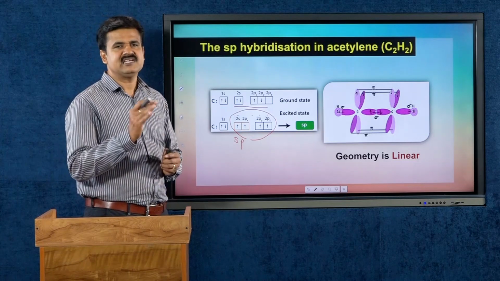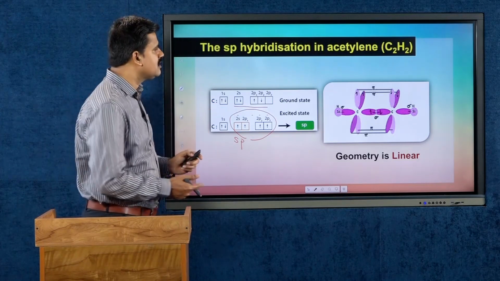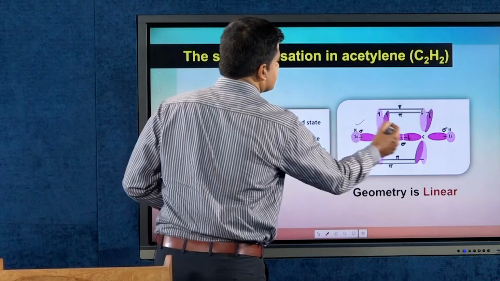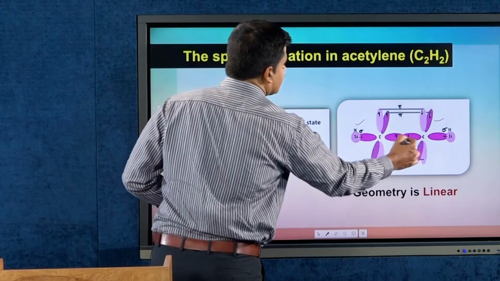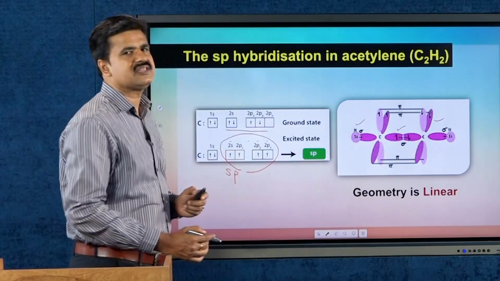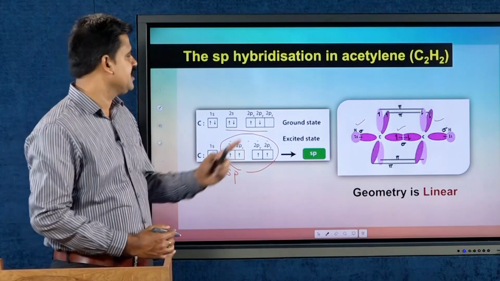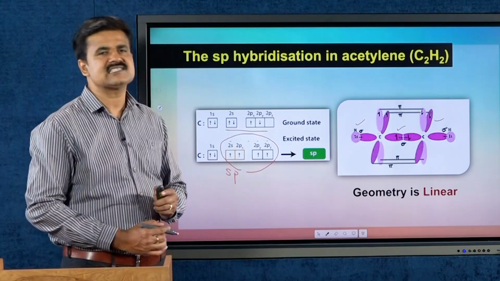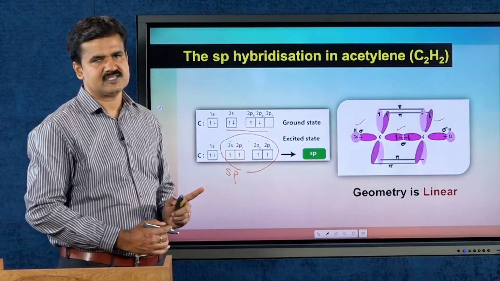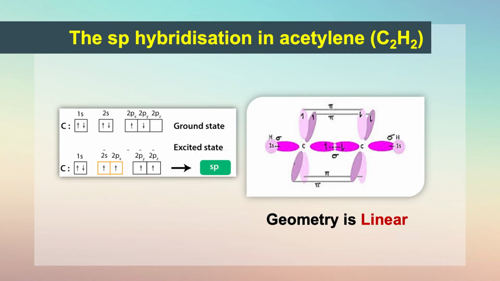So in C2H2 there are two CH sigma bonds and one carbon-carbon sigma bond, so there are a total of 3 sigma bonds. You can see two unhybridized p orbitals in the carbon atom. They are the 2py and 2pz orbitals.